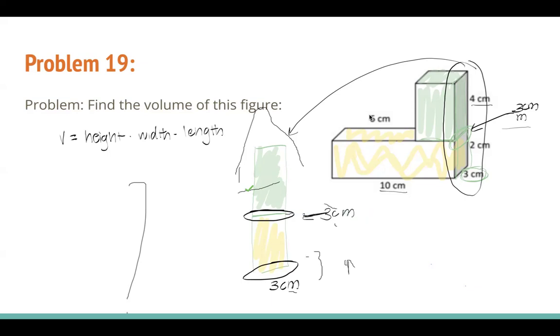So if this line is 3 centimeters, this whole top part, how many centimeters is it? Oh, so for the top part up here, it would also be 3 centimeters. But on the side, it's given as 4 centimeters. So we know that the side is 4 centimeters. Does that answer your question?